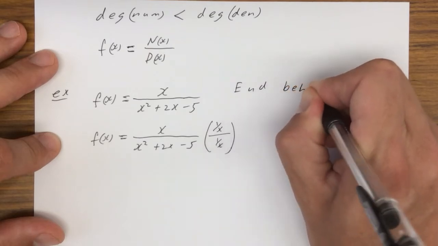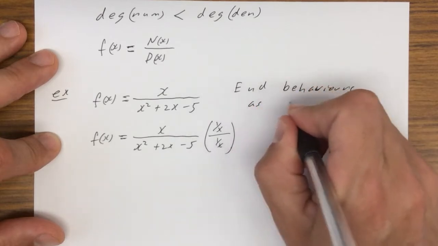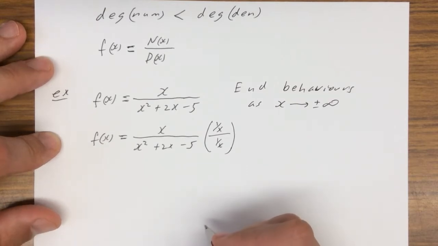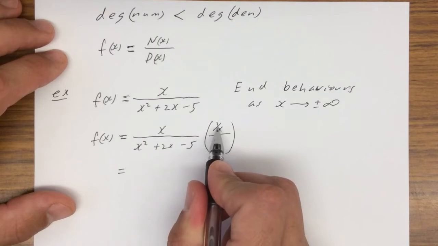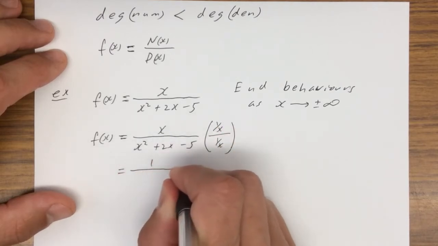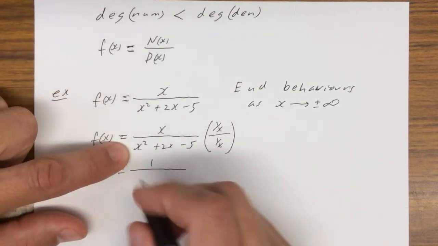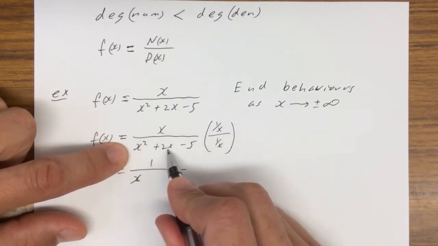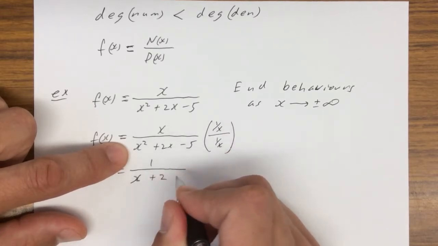Okay, so end behaviors is as x goes to plus or minus infinity. So when you multiply by that, well, x times 1 over x is just 1. Then x squared times 1 over x is x. 2x times 1 over x is just 2.